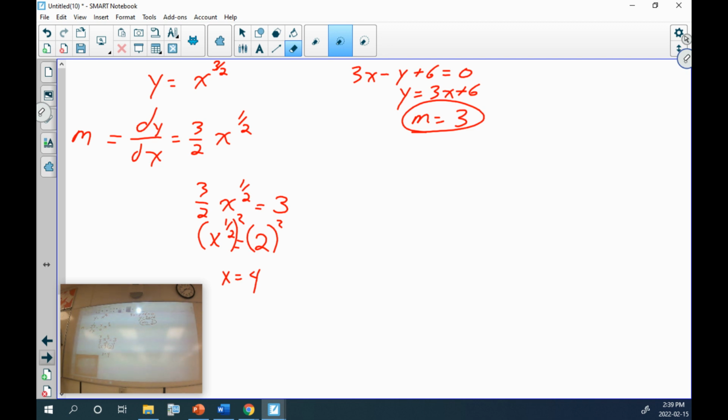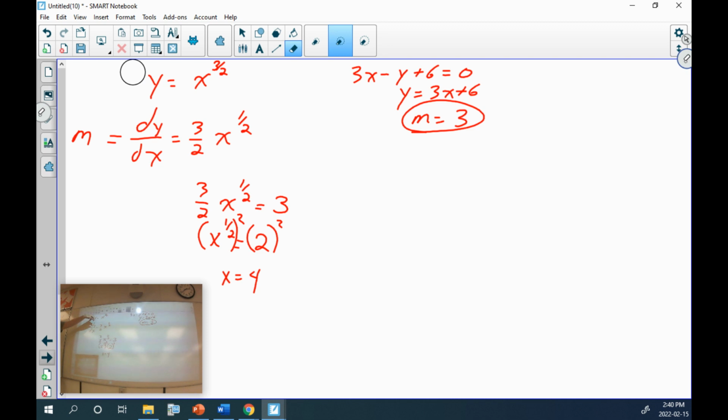Now, the question asks, at what point or points? In this case, it works out to be one point. What two things do you need to describe a point? x and y. So am I going to take this back into my derivative, or into the original?